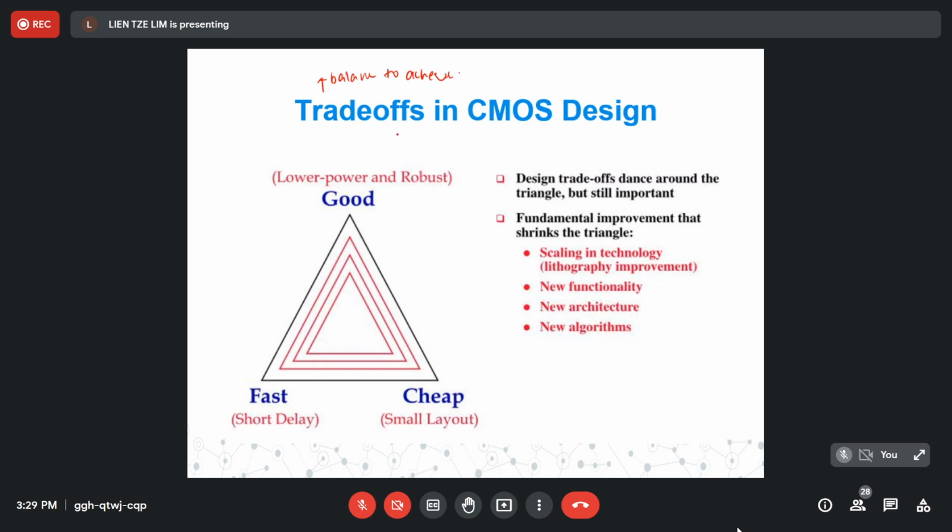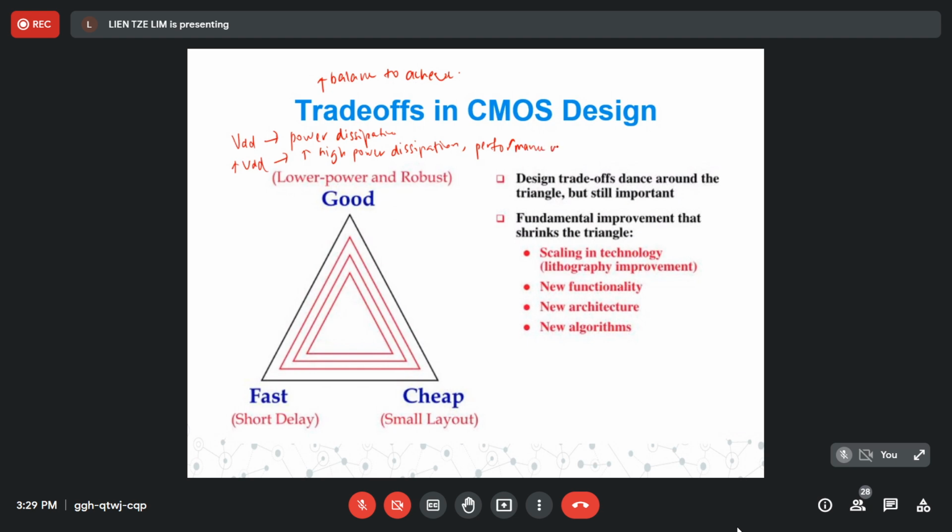For this one, the threshold, like for example, just now I mentioned the supply voltage and the power dissipation. The supply voltage cannot be too high. If too high, then it will cause high power dissipation, but the performance will be good.